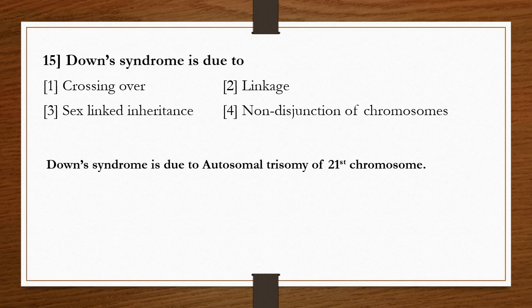It is due to the presence of an extra copy of the 21st chromosome that leads to Down syndrome. This extra copy is formed due to non-disjunction of chromosomes. So option 4 is the correct answer.